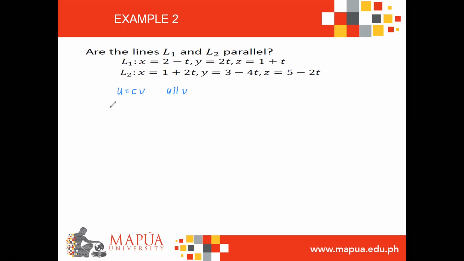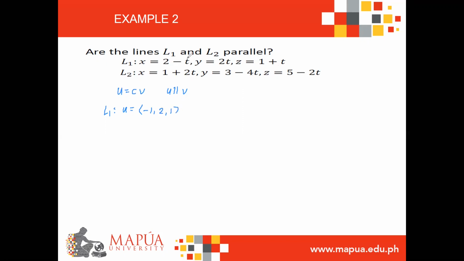So let us work on the vector of your line 1 and let us have this as vector u. The components of your vector u on your line 1, we have as negative 1, 2, and 1.